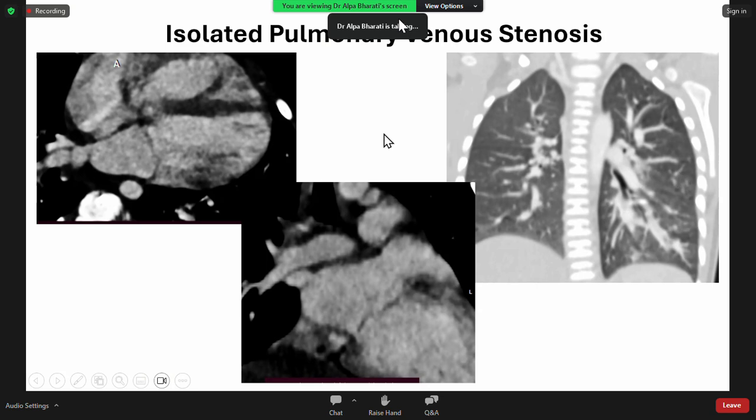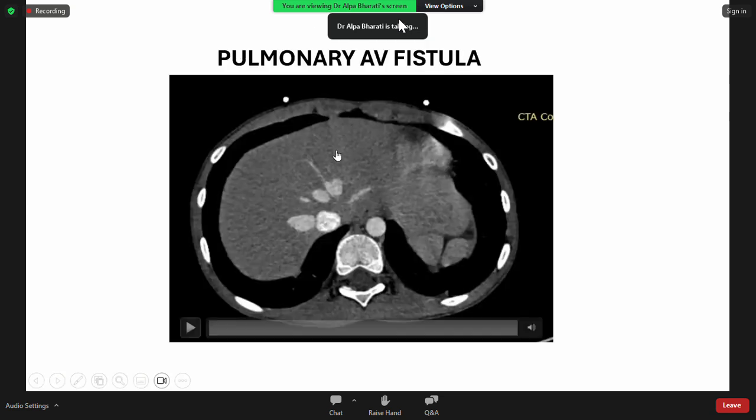These are causes of pulmonary hypertension. Whenever a workup is done for identifying a cause for pulmonary hypertension before labeling it as idiopathic, a CT angio is often done. And you must remember that pulmonary vein stenosis is one of the causes of what appears to be idiopathic pulmonary hypertension.